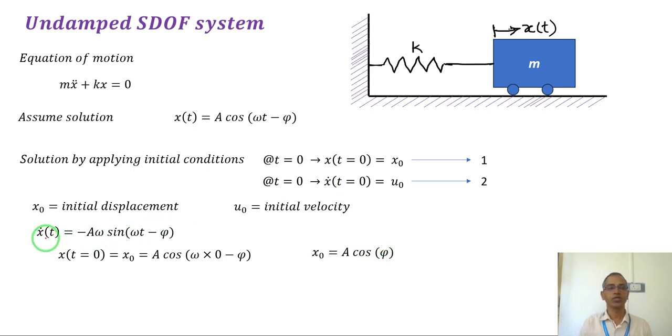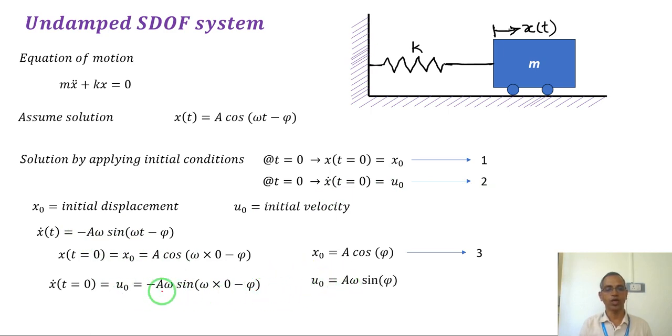Then using the second, the differentiated velocity, substituting t equal to 0, the initial velocity u naught equals minus A omega sin of omega into 0 minus phi. So that gives u naught equal to A omega sin phi.